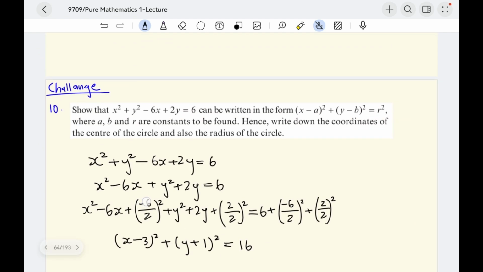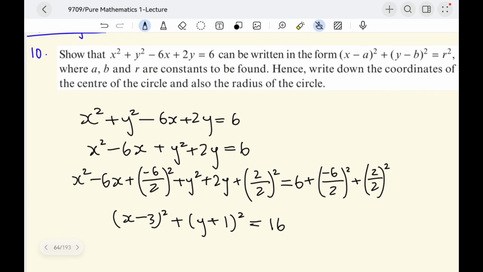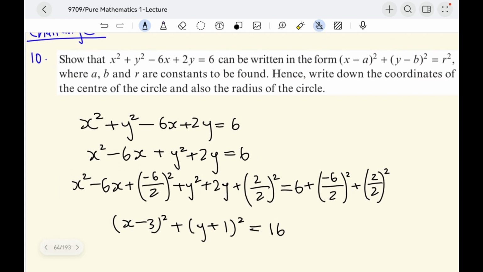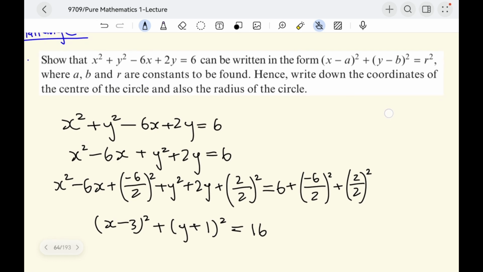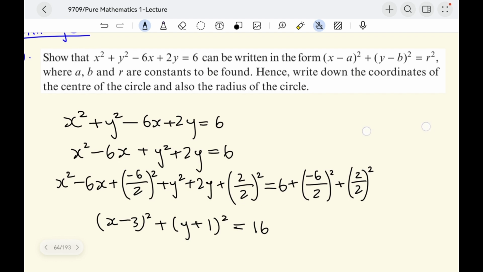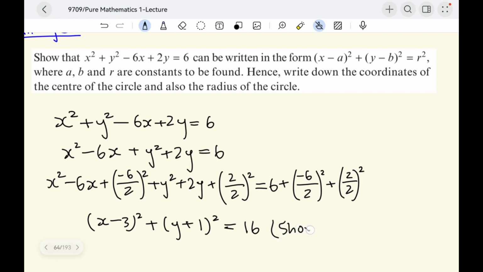Okay, yeah, so here is the equation of the circle in the standard form. Okay, therefore shown. Alright, where a is 3, b is negative 1, and r squared is 16.